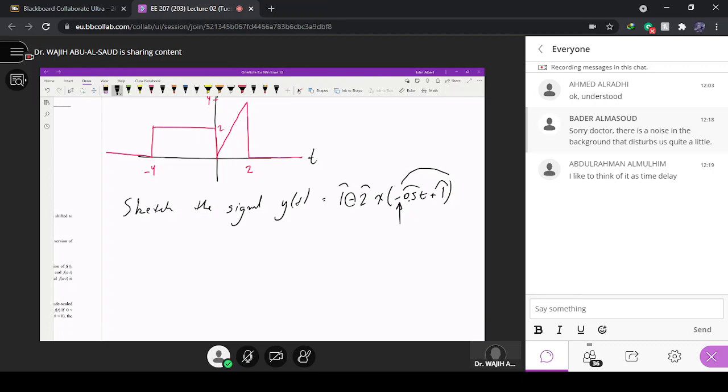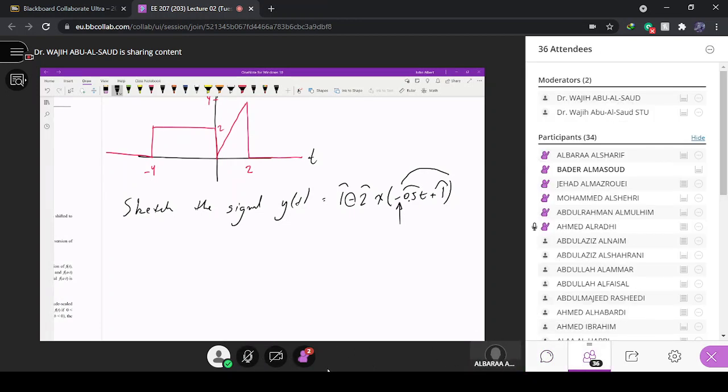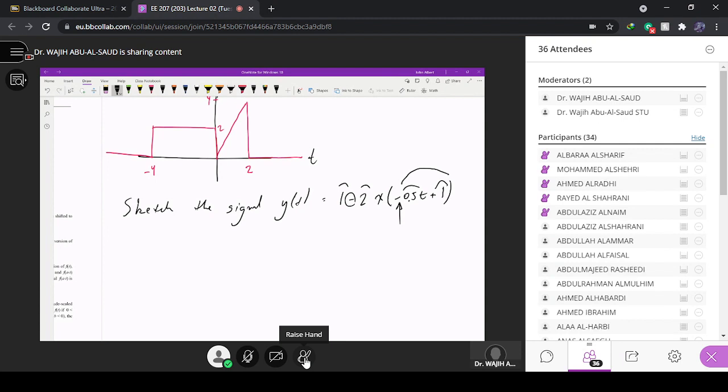For example, let me ask you this. How much is the time shift? Anybody can tell me how much is the time shift? 1. Okay, as it says 1. What about Bara? 2. Okay, so I've had 2. Maybe Muhammad Shahri? 2.